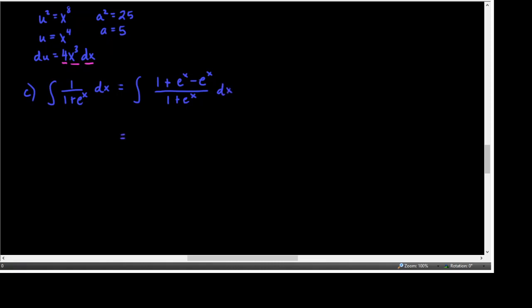So if I split that fraction into two fractions and make it 1 plus e to the x over 1 plus e to the x minus e to the x over 1 plus e to the x dx. I think we can do that problem because the first fraction simplifies to be 1.